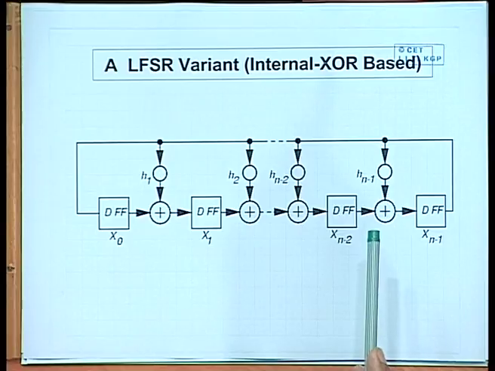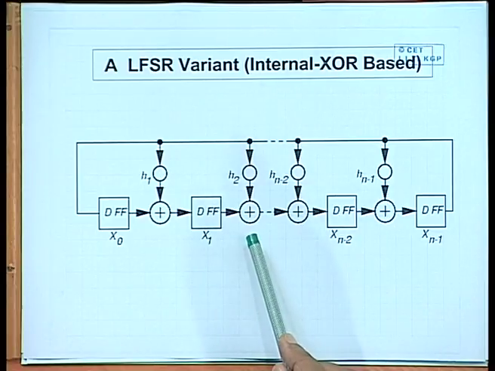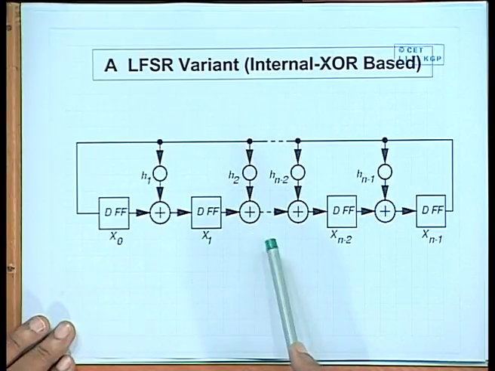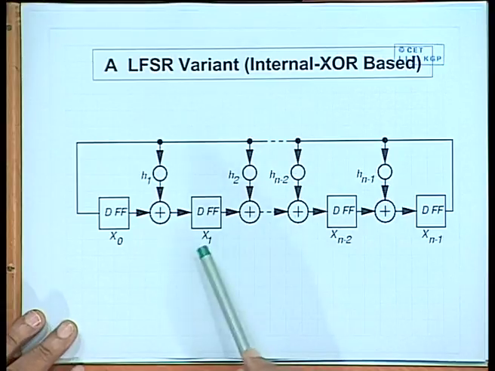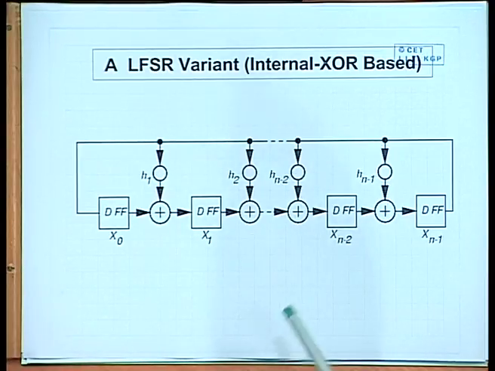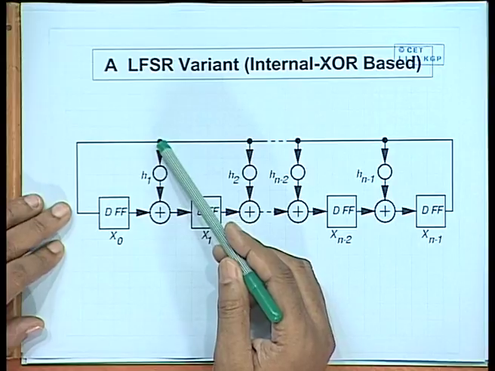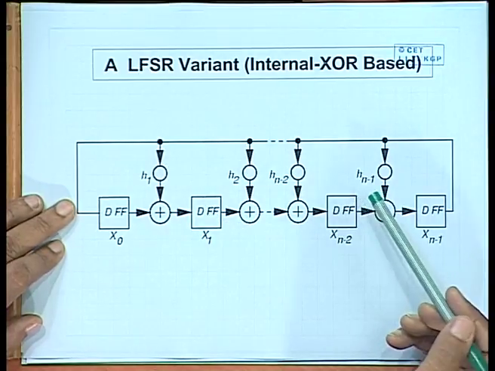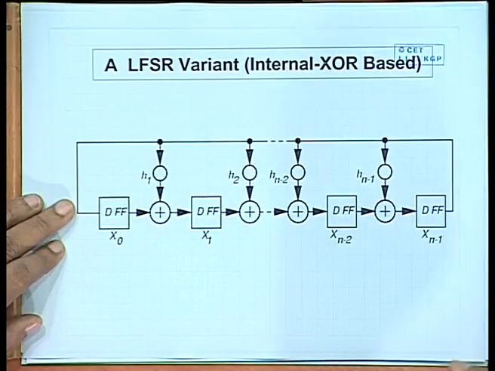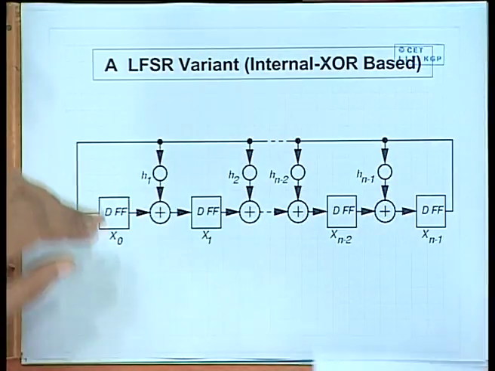Well, now let us try to look at some of the mathematical properties or mathematical basis on which these LFSRs are based. I told you that you can select these feedback points depending on requirement, but actually how do you select that? For that, let us first look at some of the mathematical properties of this linear feedback shift register.